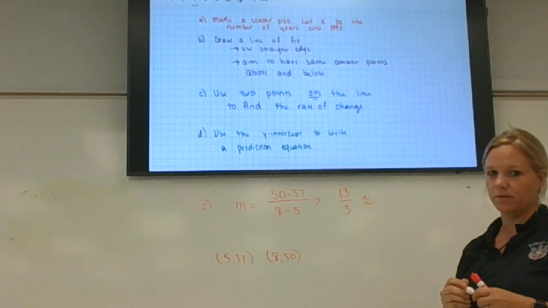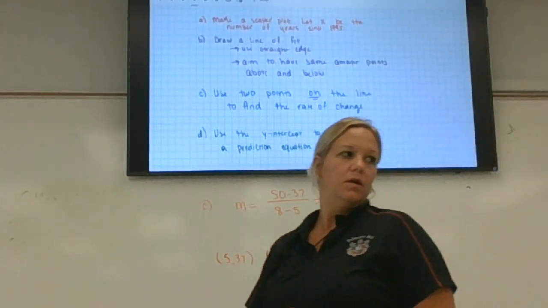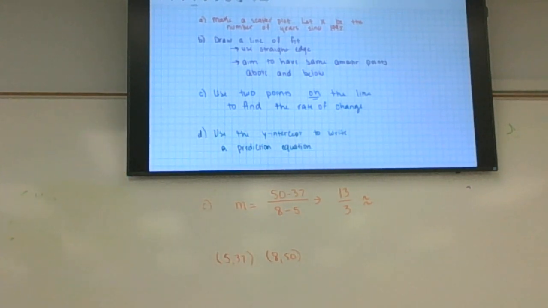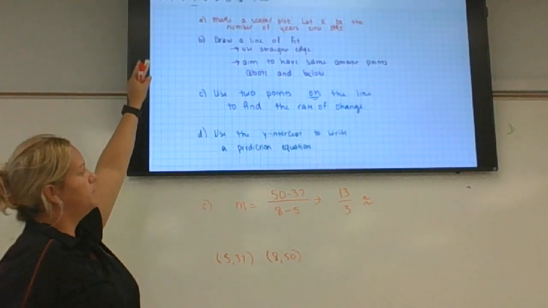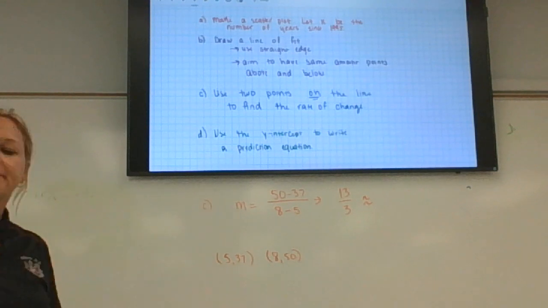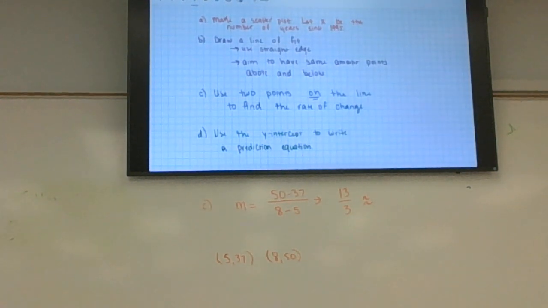We're gonna go ahead and go to a decimal. Wait, was that A and B? A was to make the scatter plot. B was to draw a straight edge line. C is to find your slope. Oh, this is easy math.